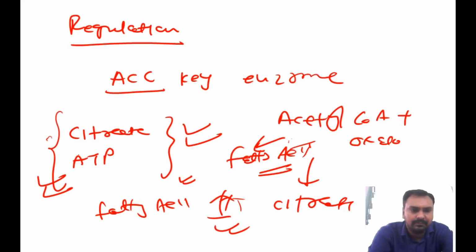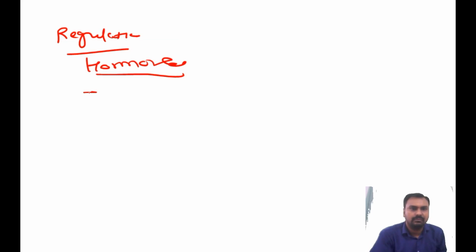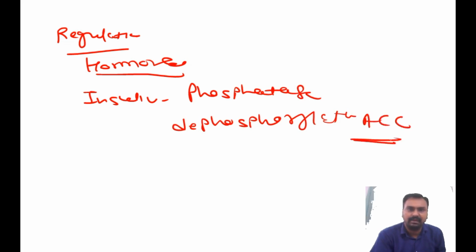Then in hormonal regulation, insulin, as we know, has a phosphatase activity. It will cause the dephosphorylation of the enzyme, and the dephosphorylated form of acetyl CoA carboxylase is active.